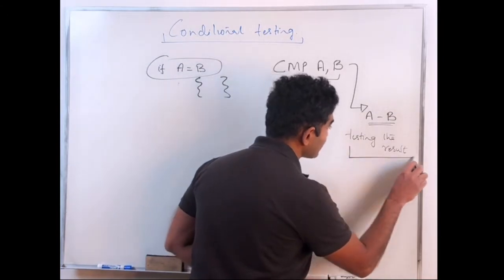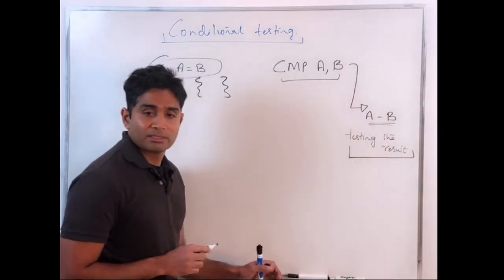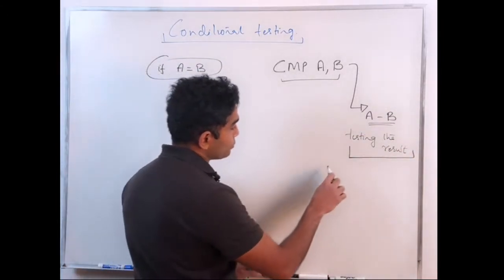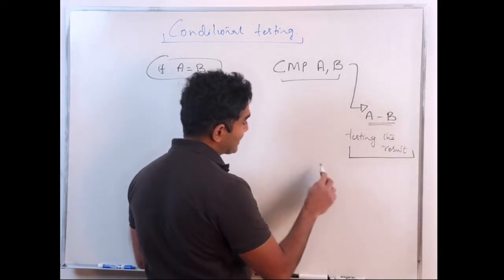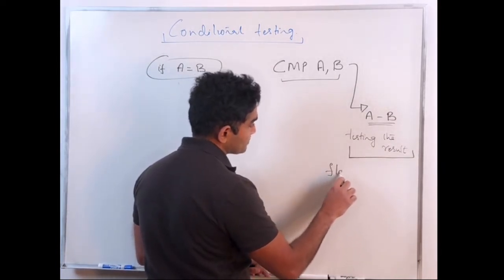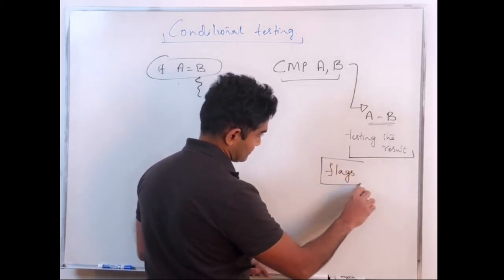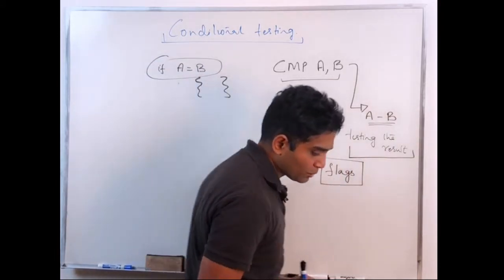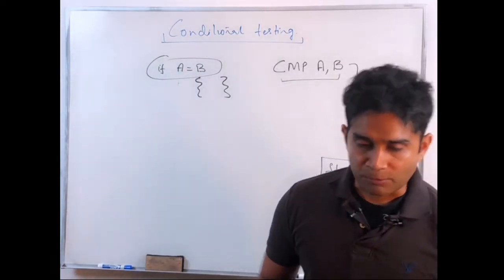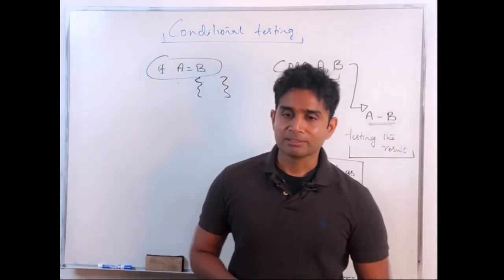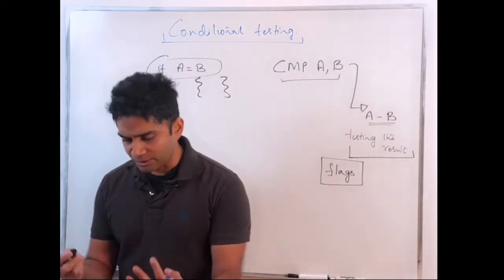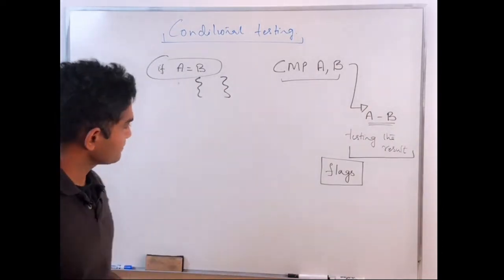What I'm doing here at the hardware level is we do that through the implementation of flags. This is an important concept. What enables you to perform the conditional testing is the flag. So let's define what a flag is.